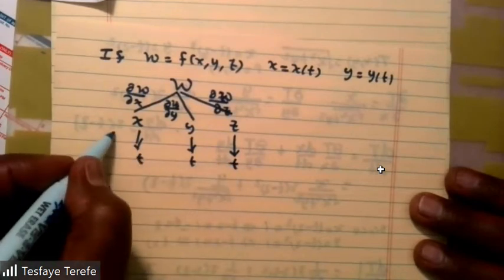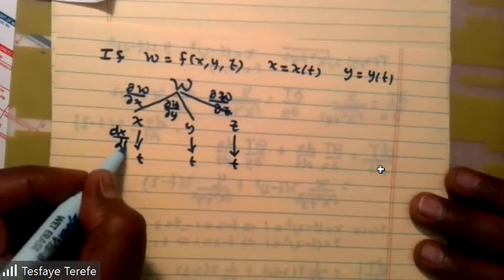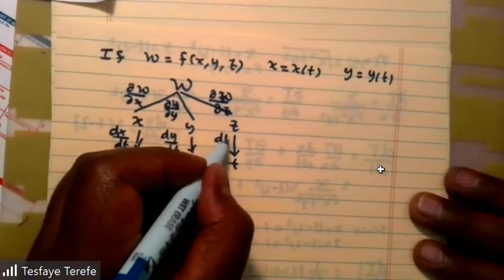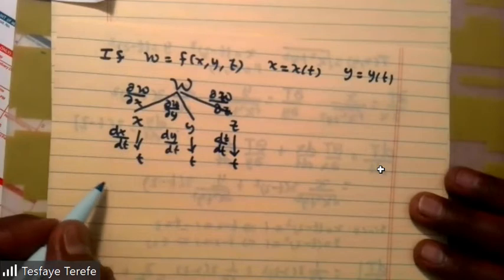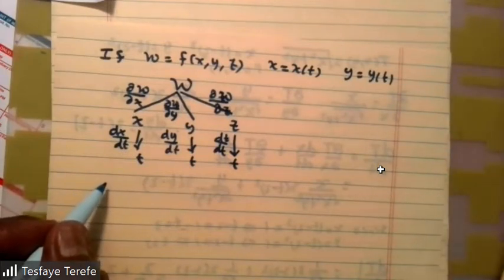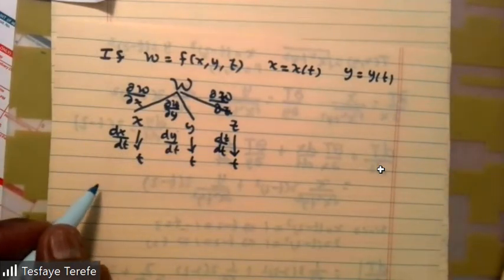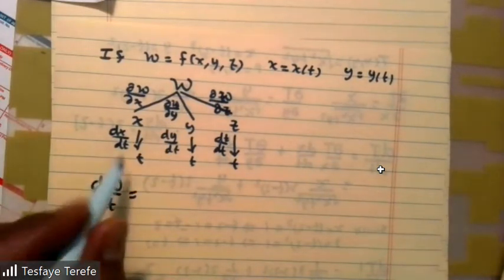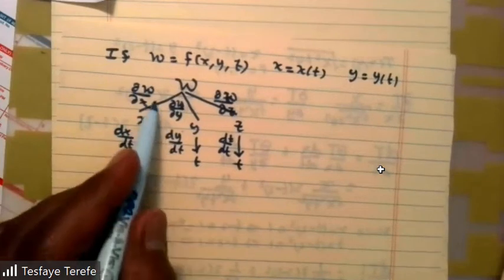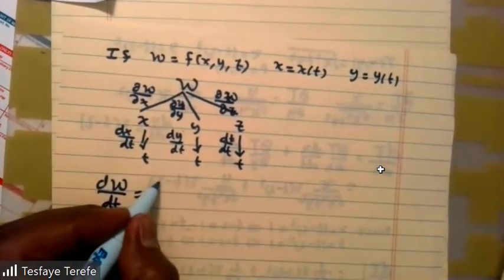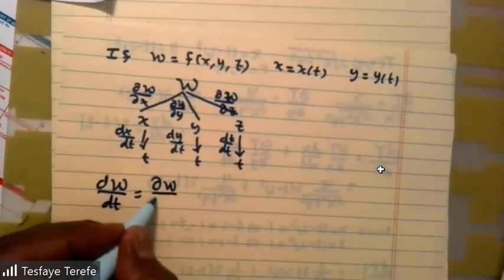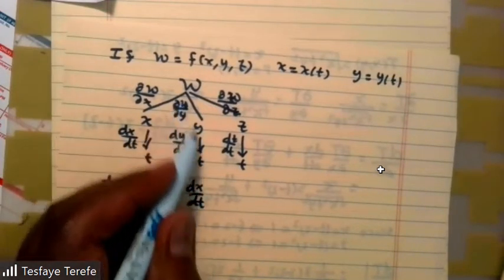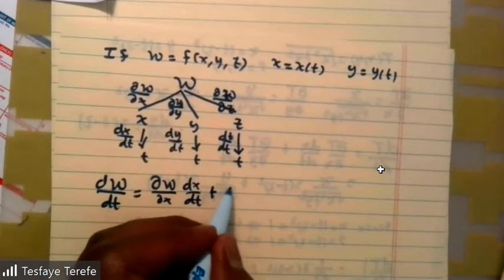And you have here total differential dx/dt, dy/dt, and dz/dt. Therefore, in this case, you multiply when you are going with one loop, and add when you are going to the other direction.